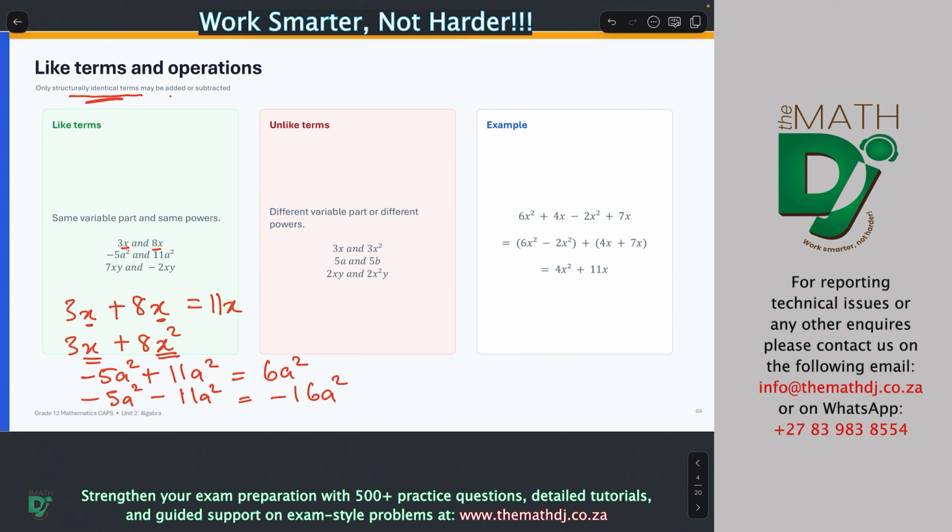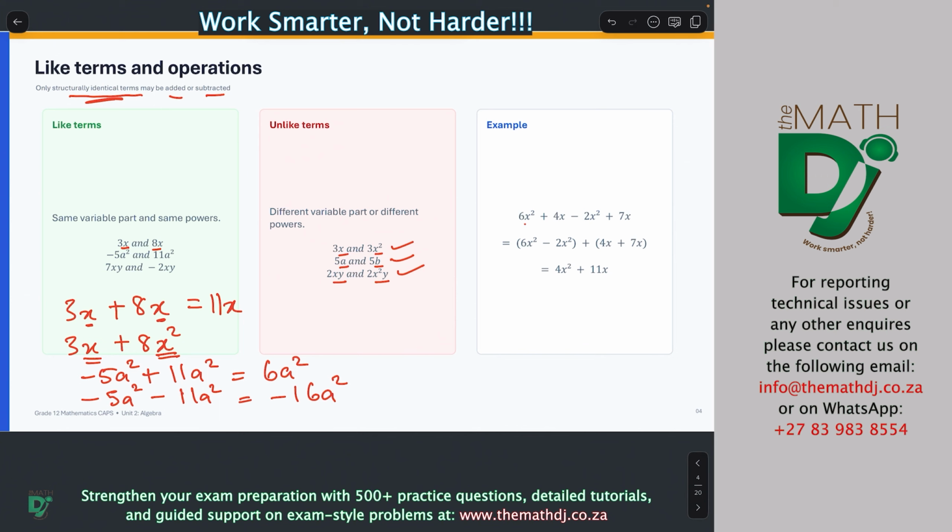So they can be added or subtracted, right? Unlike terms, I've already covered, as you can see here, and here, and here. These ones cannot be added or subtracted because they are not sharing the same terms.